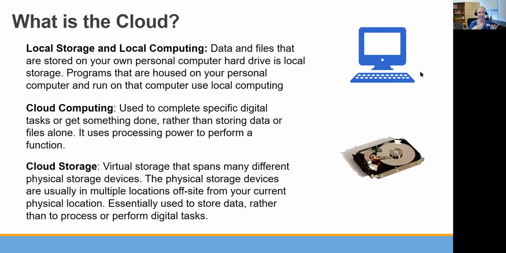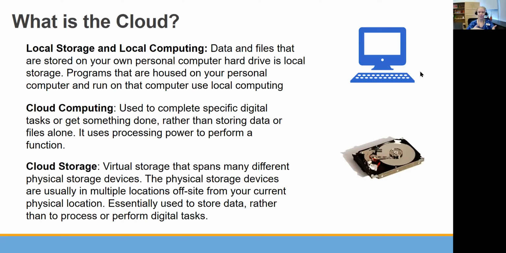With cloud computing and cloud storage, the cloud storage, like we say, is basically virtual storage that spans many different physical storage devices. So if you had your cloud service provider, say you have Google, for example, and you have a bunch of stuff stored in Google Drive.